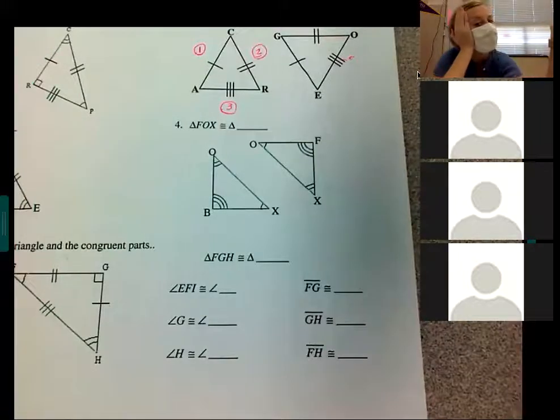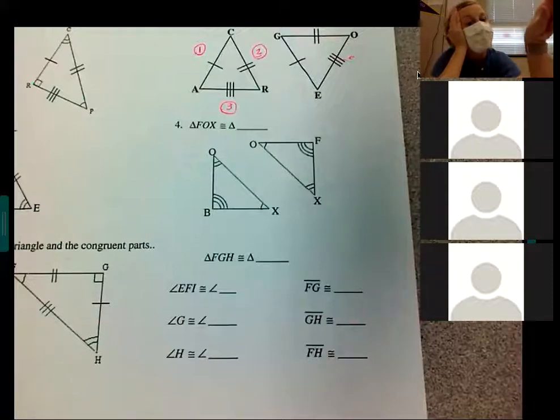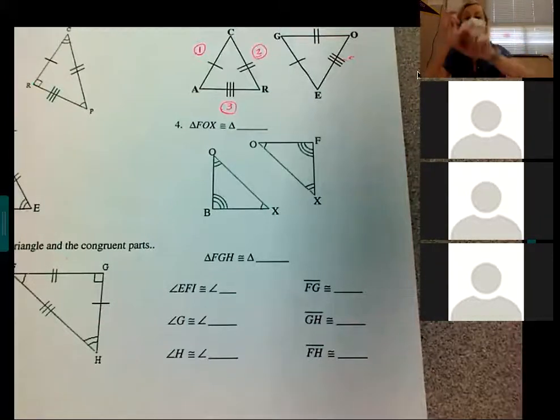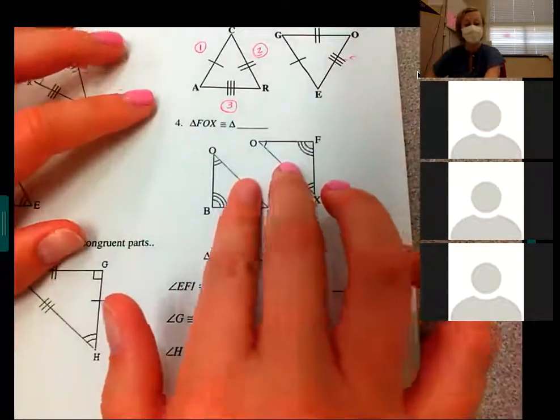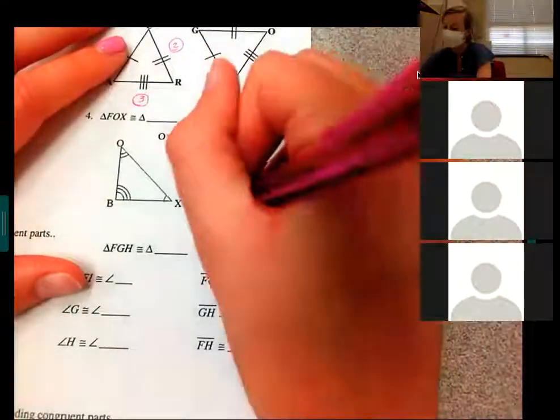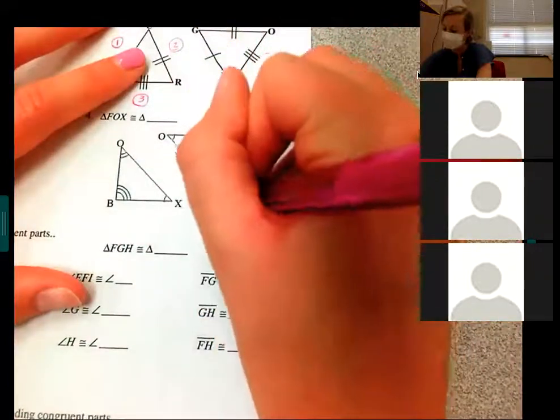Okay, what about the O? There's a OX on each one. Everybody listen up. This is like saying these are the 2 same sides. So let me draw y'all a picture to help you see it a little better because this one is very tricky.